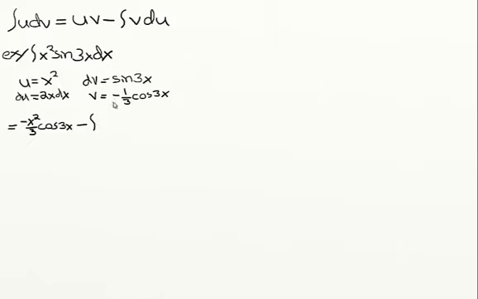Now our v is negative right there, so that's going to become a positive. So we're going to have the positive integral 1/3 cosine of 3x, and our du was 2x dx.